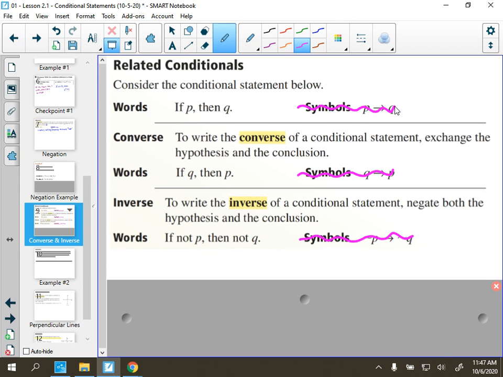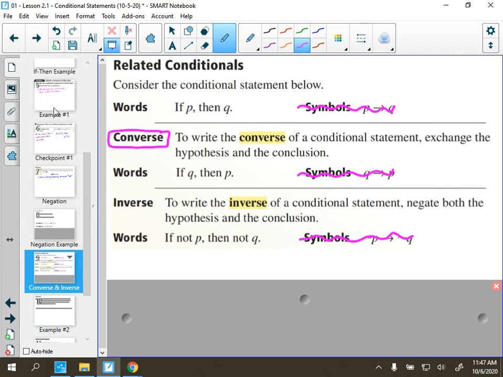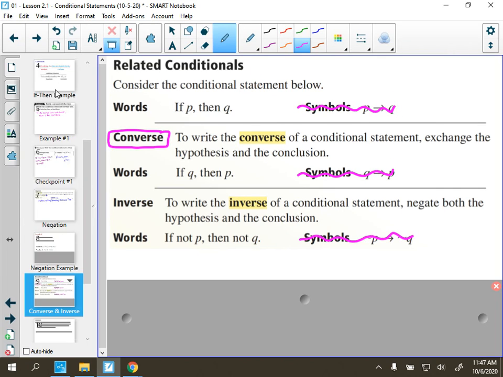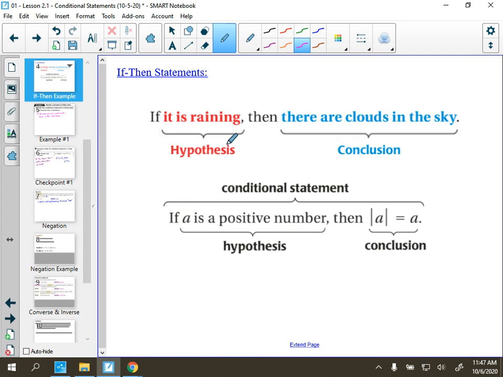The big takeaway is that the converse, one of our vocab words, of a conditional statement is very mechanical. It's just exchanging the hypothesis and conclusion. So if I go back to it's raining outside, here's my original if-then statement: if it is raining, then there are clouds in the sky.